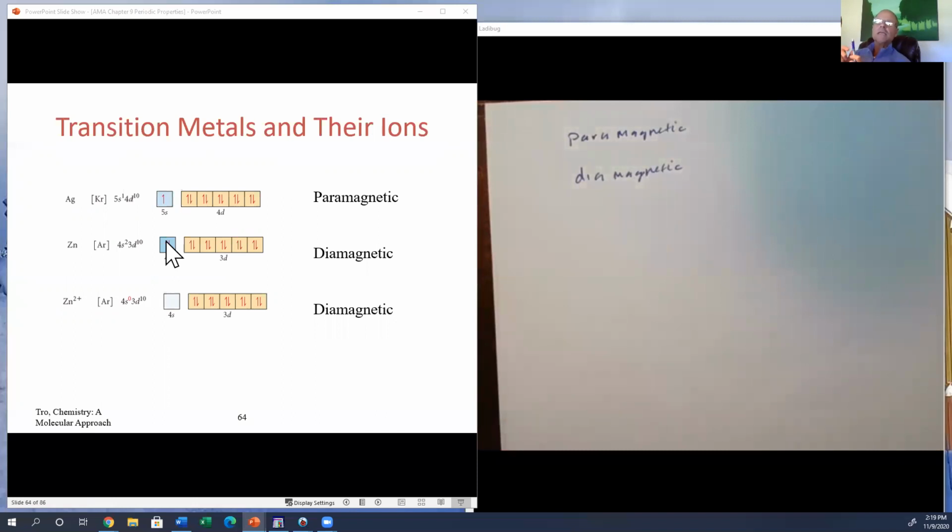Whenever you take a charged particle and move it around, like when you make an electromagnet by winding a wire around a nail, those electrons that go around the nail create a magnetic field and the nail becomes magnetic. Similarly, when an electron spins on its axis, it creates a little magnetic field.